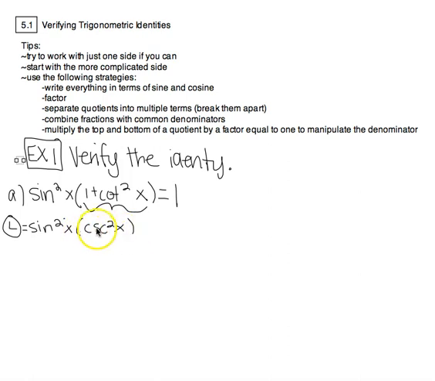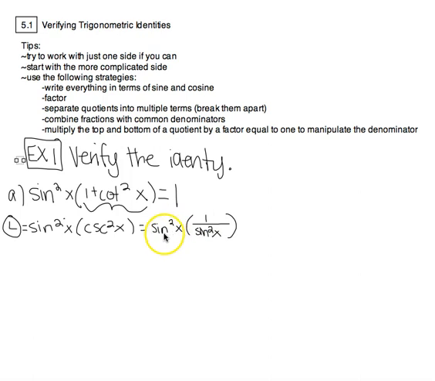So again, I used an acceptable identity. This is equal to this. Now I'm going to use one of my strategies, and I'm going to write everything in terms of sine and cosine. So sine squared is already in terms of sine. Cosecant squared, cosecant is the reciprocal of sine. So if I make that substitution, cosecant squared is the same as 1 over sine squared.